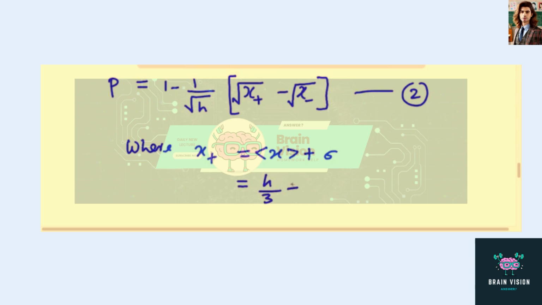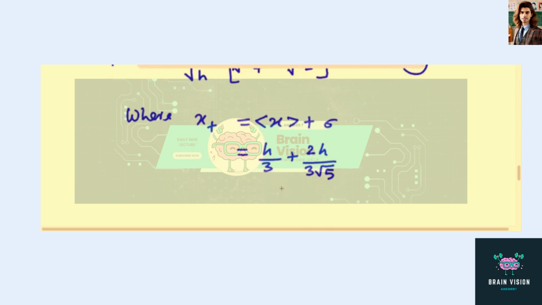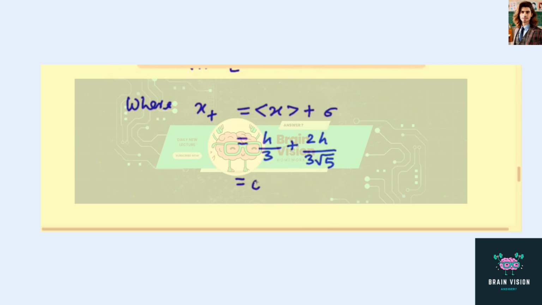Sigma is 2h by 3 root 5, that means this value is 0.3333h, and this value is 0.2981h.